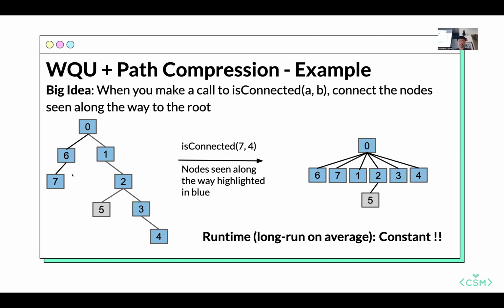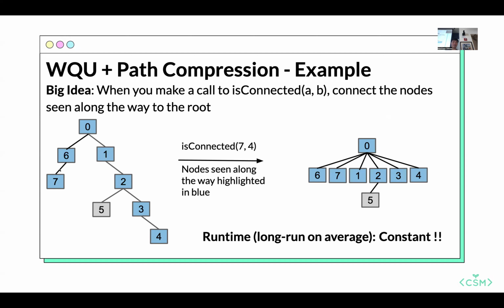Path compression is basically just whenever we see a node, we connect it to the root of the tree. So when we do isConnected on 7 and 4, we find the root of 7. We see 7 and we see 6, and then we go to 0 and we see that 7's root is 0. So we're going to take all the nodes on this path and make them children of 0.